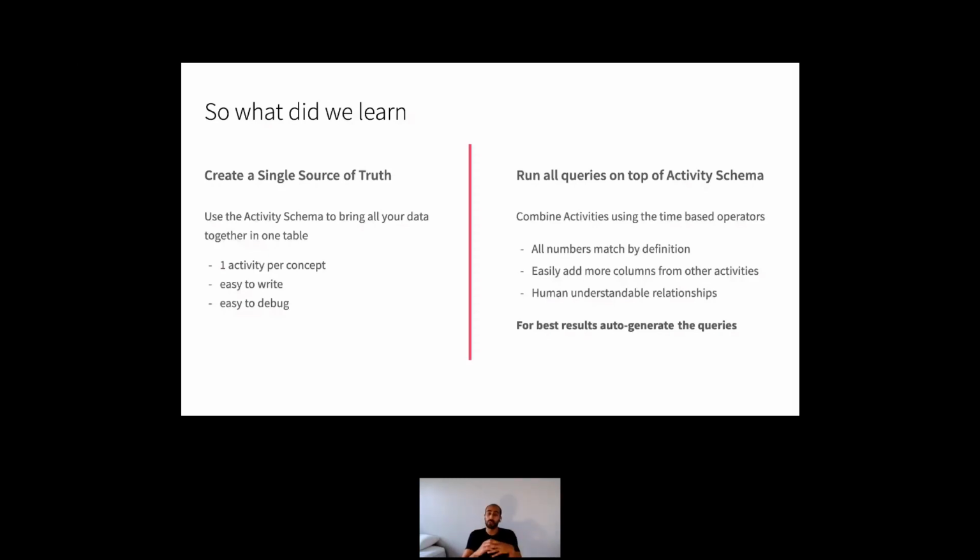And then you can run your entire system on top of that activity schema. You can easily combine those activities using time-based operators. It guarantees that all the numbers are going to match. You'll never drop any rows. You can easily add columns by borrowing them from other activities. And the entire relationships that you're using are all human understandable.